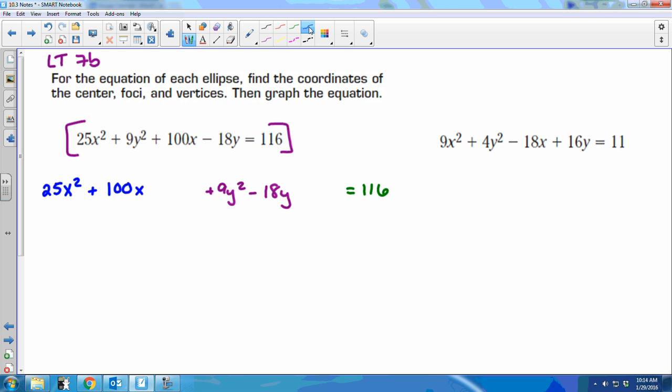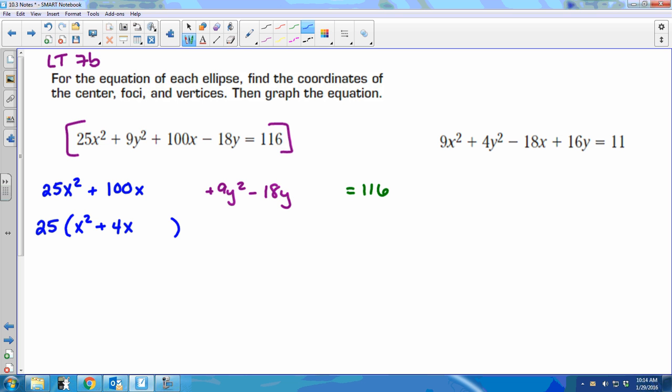I'm going to factor individually. So if you look at the x's, well, 25 and 100 have a common factor, so that's okay. I can factor 25 out of both of those. You don't need to factor an x out of both of those because we want to be able to complete the square. So we still want to have an x squared and an x. So we're just factoring a 25 out. So I've got 25 times x squared, and 25 goes into 100 4 times, so we've got 4x.